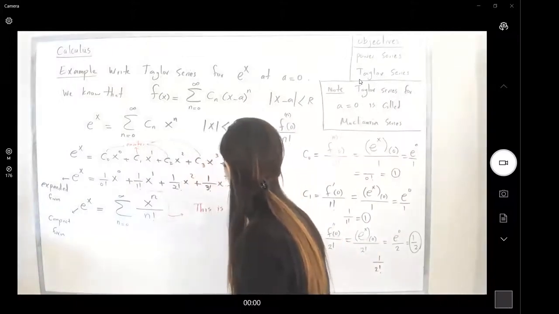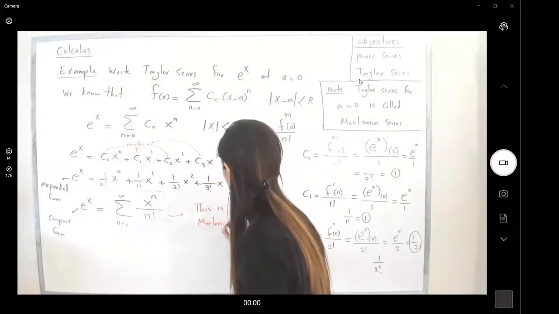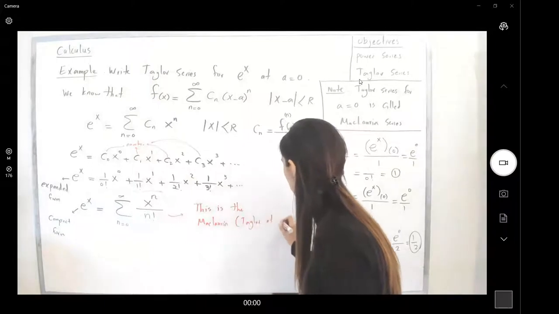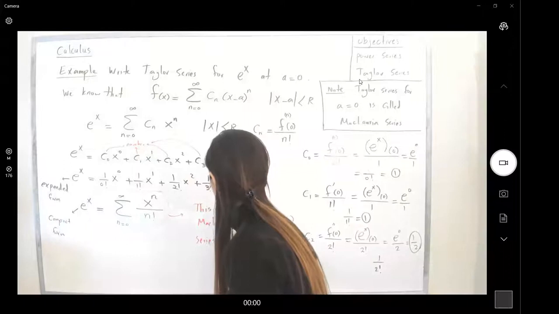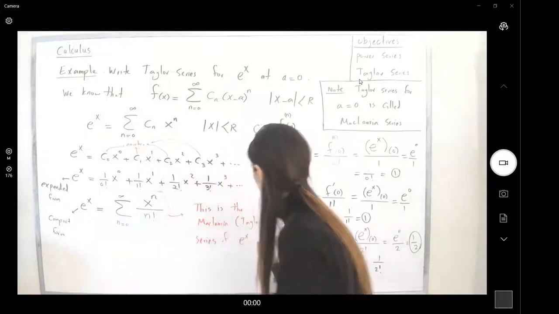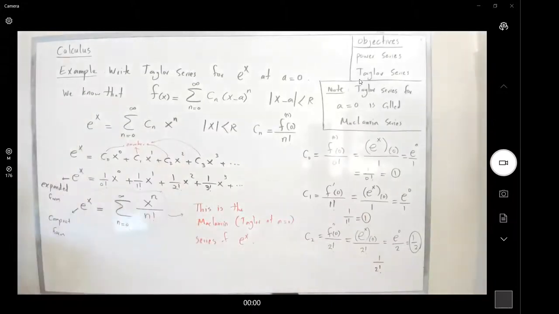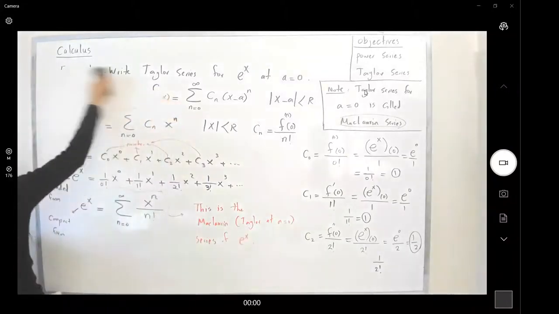This is the Maclaurin, or Taylor at a equal to 0, series of e^x. There you go. A theorem for you.